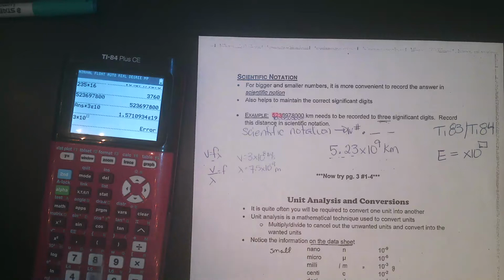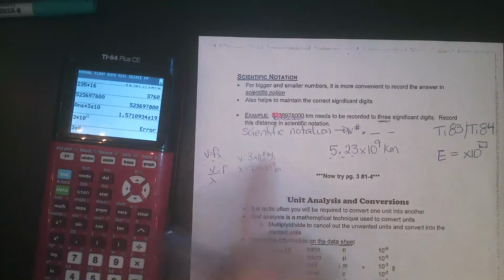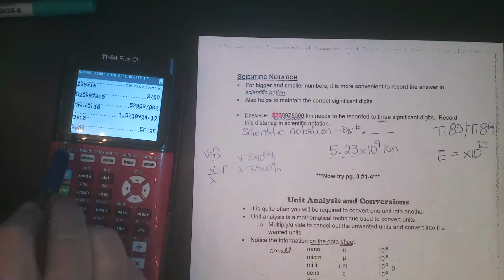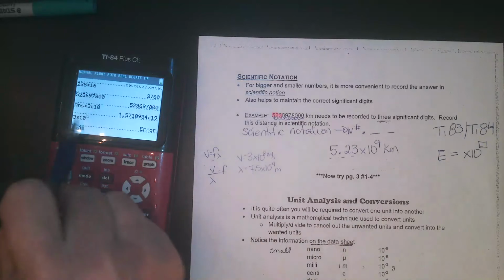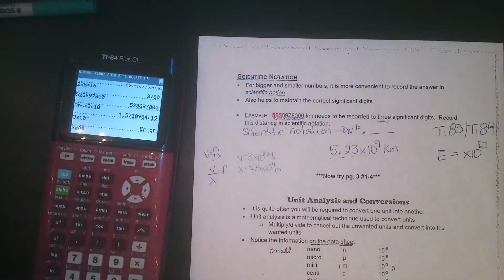You will now go 3, second EE. On our calculator it says EE, but on the display it will show 1E. And then you will put in your 8, because that E is the same as this times 10. Okay, it does the same thing.